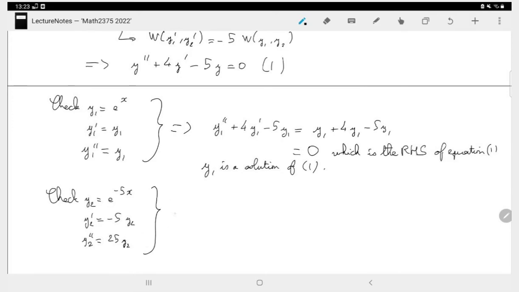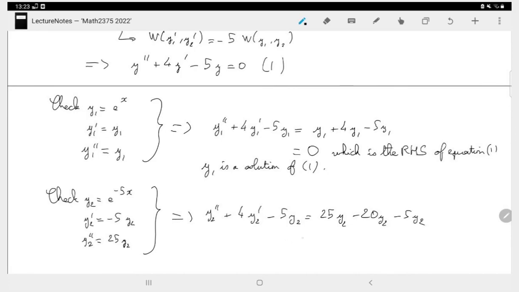And so using these, we can write down that y2 double prime plus 4y2 prime minus 5y2 equals 25y2 plus 4 times the prime, so that's minus 20y2, and minus 5y2.